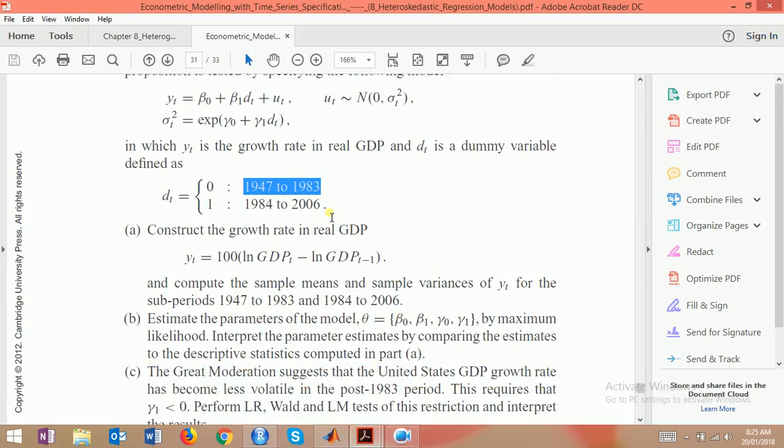So just two flags and estimate everything twice with respect to flag 0 and flag 1. That's all. When flag is 0, your D's are 0, so you don't have the dummy variable. That means this is post. Flag is 1, this is pre, when there is a dummy variable. That's all.